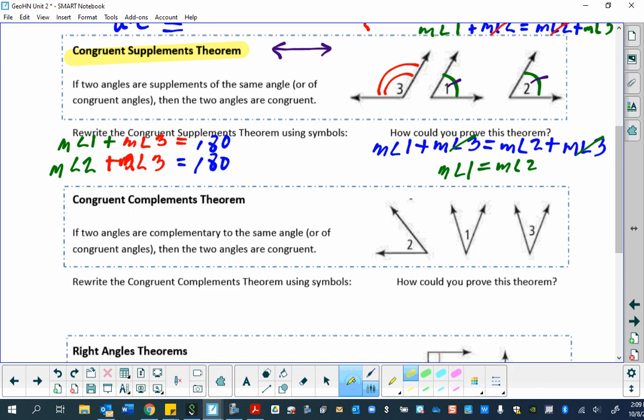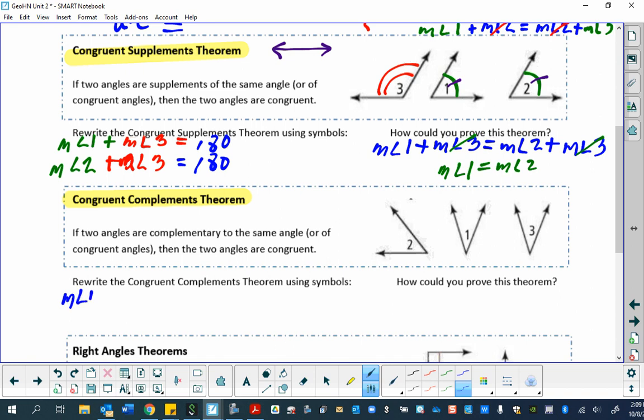Hey, congruent complements theorem. What is the only thing different between the congruent supplements and the congruent complements theorem? What's the only difference? Yeah. So instead of things adding up to 180 degrees, now we've got 90 degrees. So we write it using symbols.